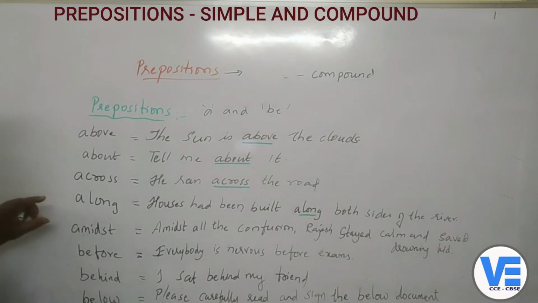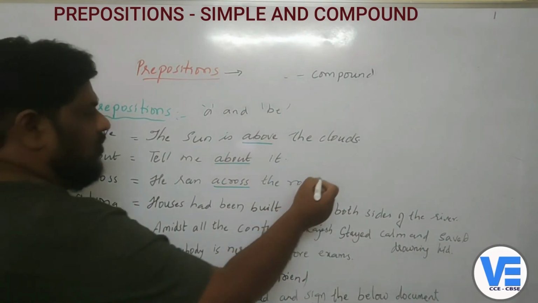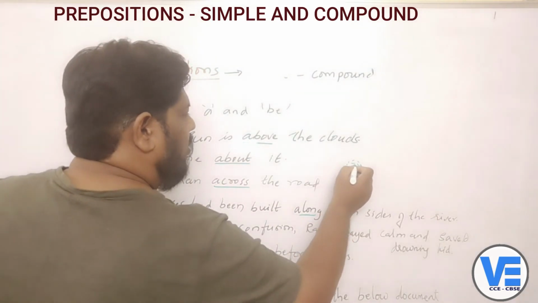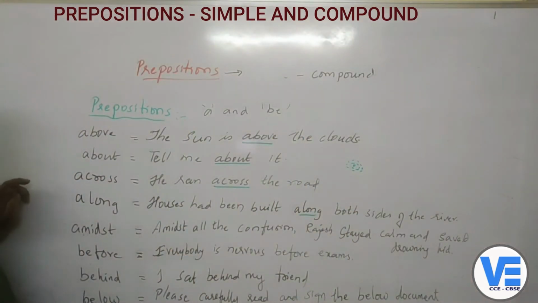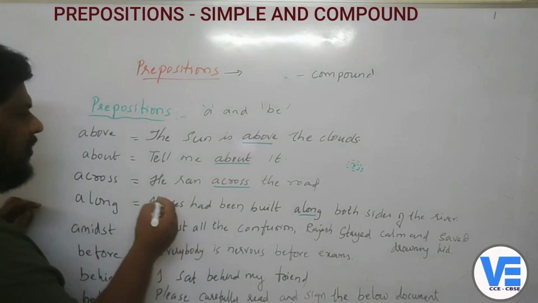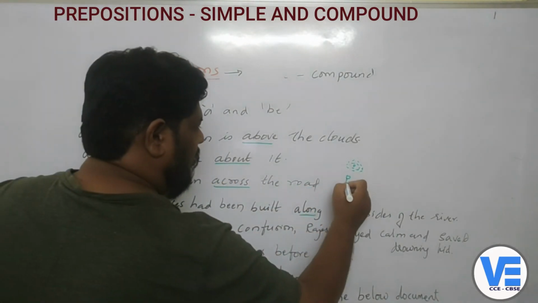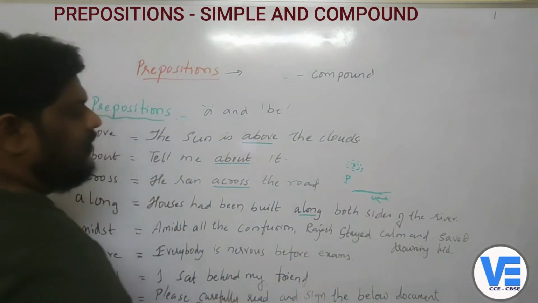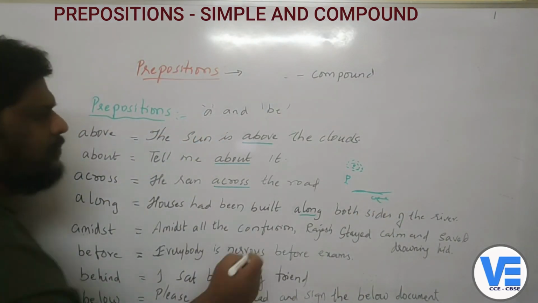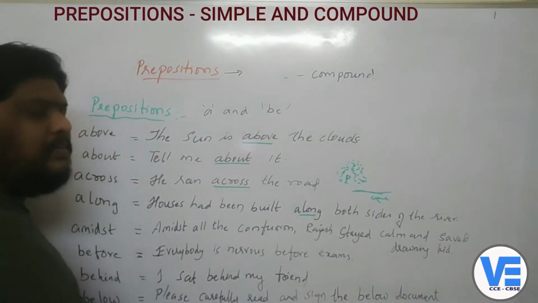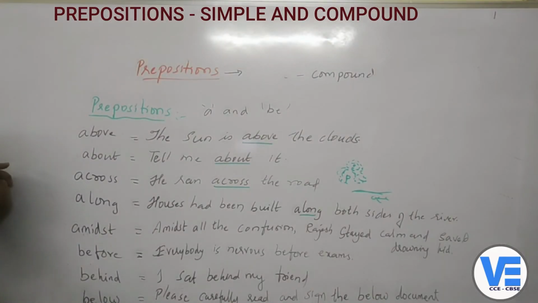Amidst, in the sense that, for example, this is you and there is a group of people around you, so you are said to be amidst them. Here I have taken an example of a person called Rajesh, and there was a lake. A child is drowning in the water. There are many other people over here, and they were all creating some kind of chaos, some kind of confusion.